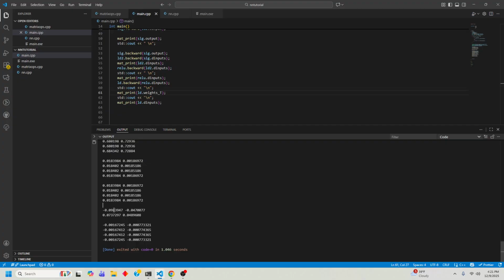So negative 0.9 is bigger than 0.7, and 0.1 is bigger than 0.01, so this will be negative. Same for this, that times that will be negative, and that is this one.